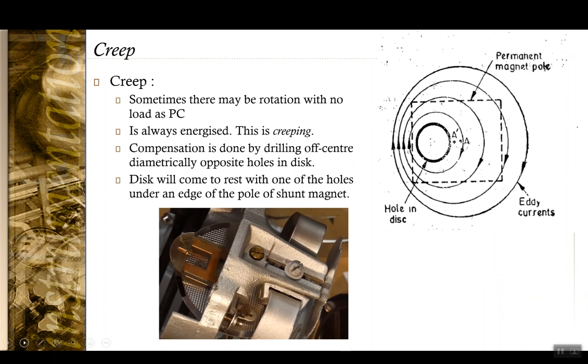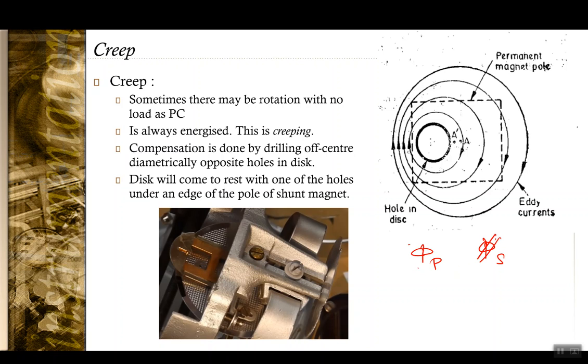On the other side, you can also have creep present in motor meters. What is creep? You'd see that the meter is energized by two coils: the pressure coil and the current coil, with flux in each. It may happen that even when there is no current, there is a flux in the pressure coil.